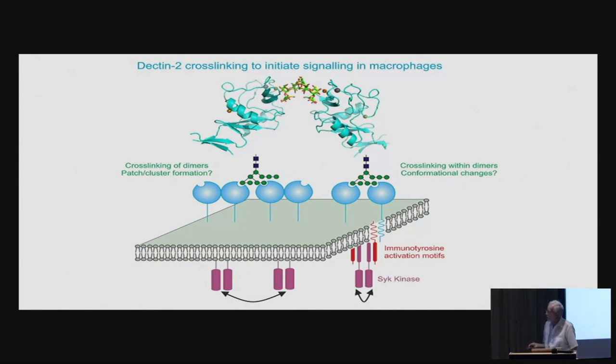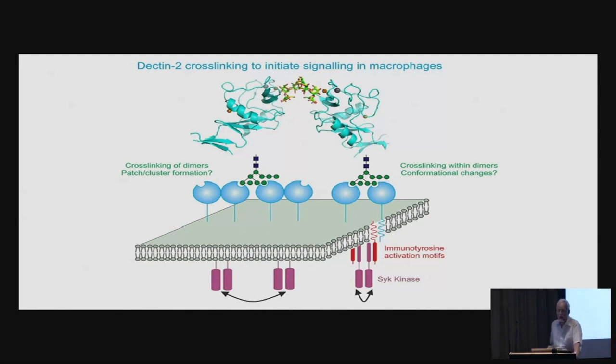One would be that there would be an interaction with an oligosaccharide ligand where two sugar binding domains within a dimer would somehow change the way the dimer behaves, and that would start signaling.